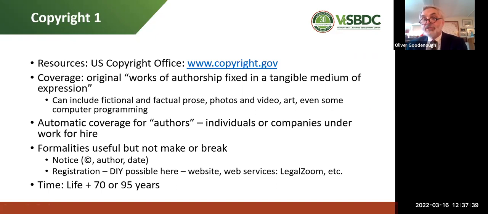It can even include, to some degree, a computer program. A computer program has enough authorship in it that it gets some protection, although there's a distinction that's made between the creative content and the ideas. It's called the idea expression dichotomy. We can take the ideas from a copyrighted work.